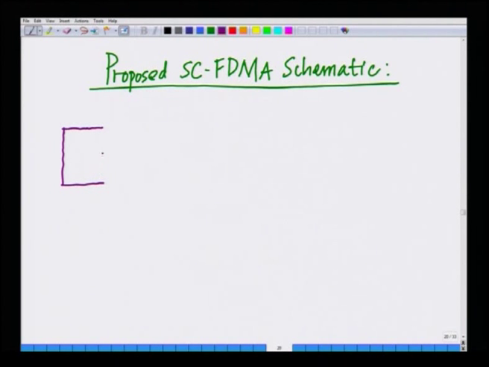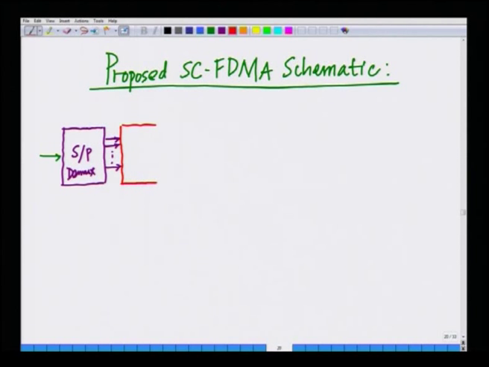I have a serial to parallel, again the demux operation that we had earlier, where we form a block of symbols, and now instead of directly doing the FFT, here we have some M, a smaller number of symbols.